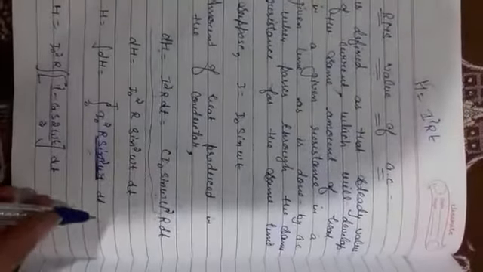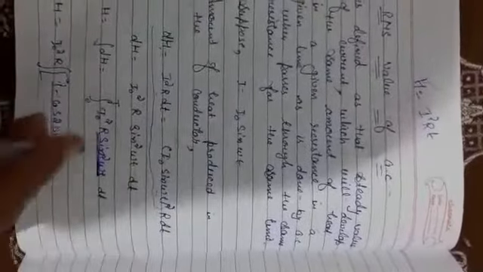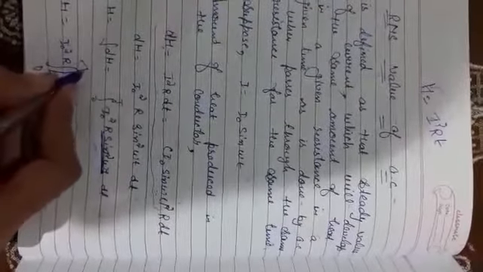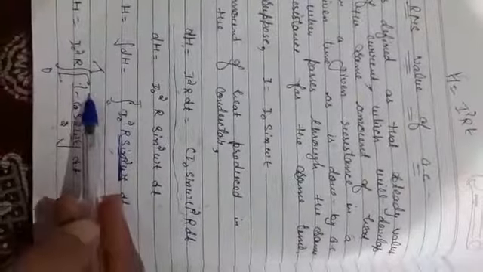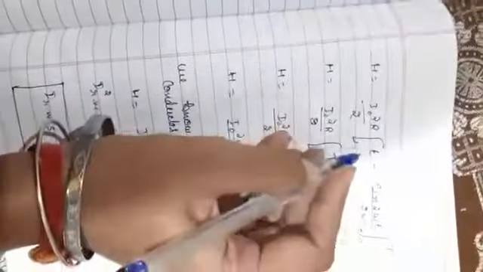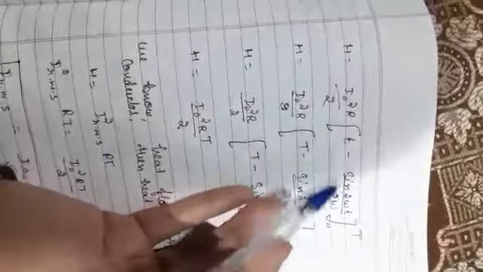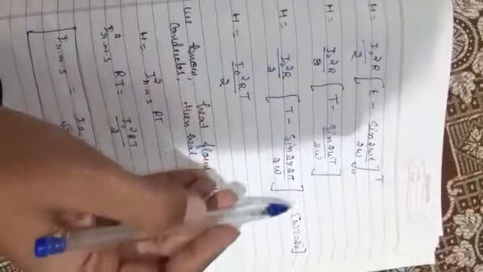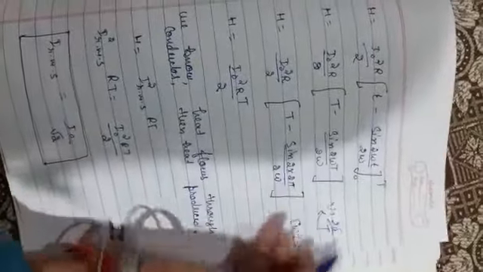Now RMS value I'm taking, so limits will be 0 to T, not 0 to 2. So I naught square R, by doing integration 1 by 2 dt, clear, it will become T only. 2 will come outside. And the integration of cos 2 omega t is sin 2 omega t, only plus sin 2 omega t. Again what I do, put limits capital T, higher limit minus lower limit, again in place of omega, what is the value of omega, 2 pi by T. Here I have omega T, so directly I will put 2 pi only.